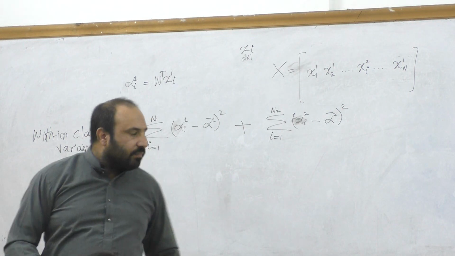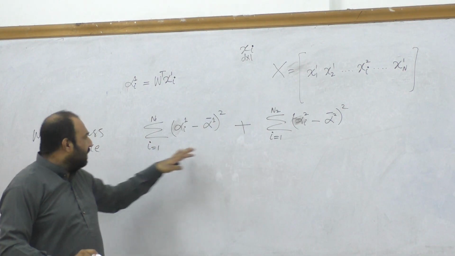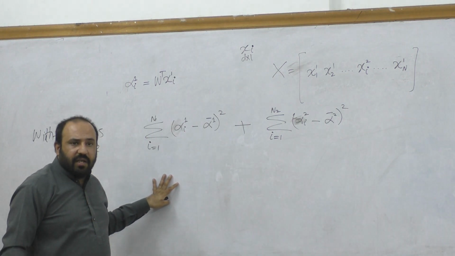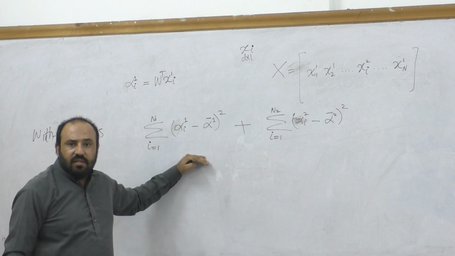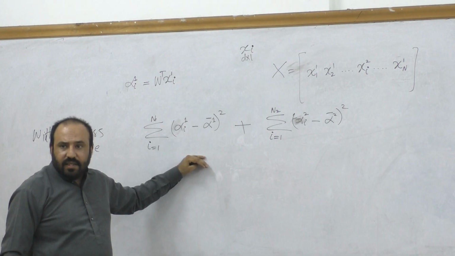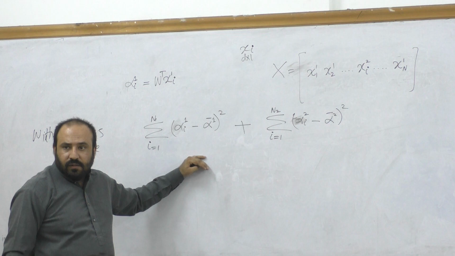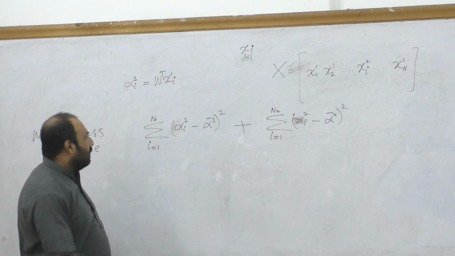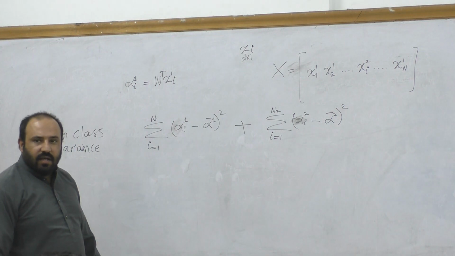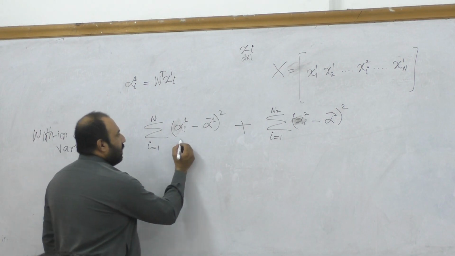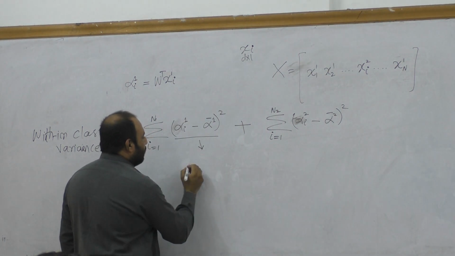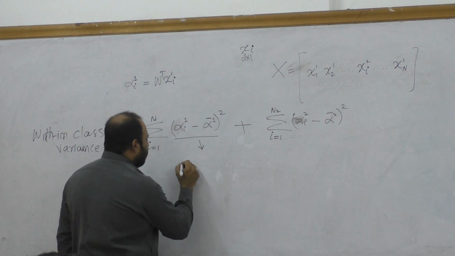Make sense? For now, convince yourself that this is a measure of defining within class variance, and I want this to be small. Clear? One question. Let's move ahead. Okay, the next things are a bit easy, not difficult. Tell me, what do we have to do with this? We have to write it down immediately.